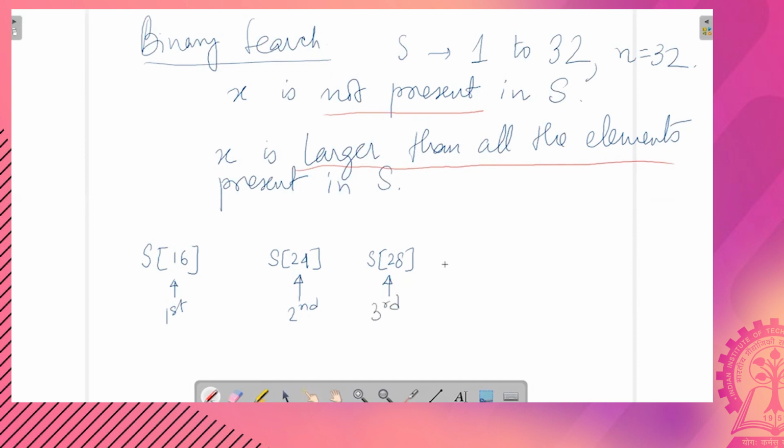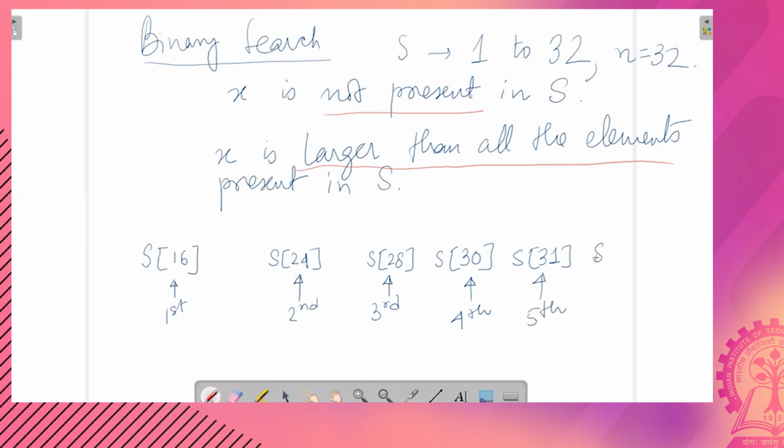This will again fail. We will go to S30. This would be our fourth comparison. Then S31. This would be our fifth comparison.